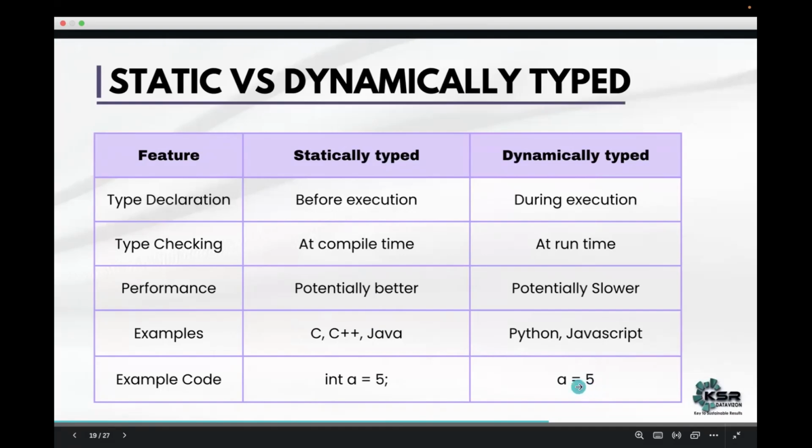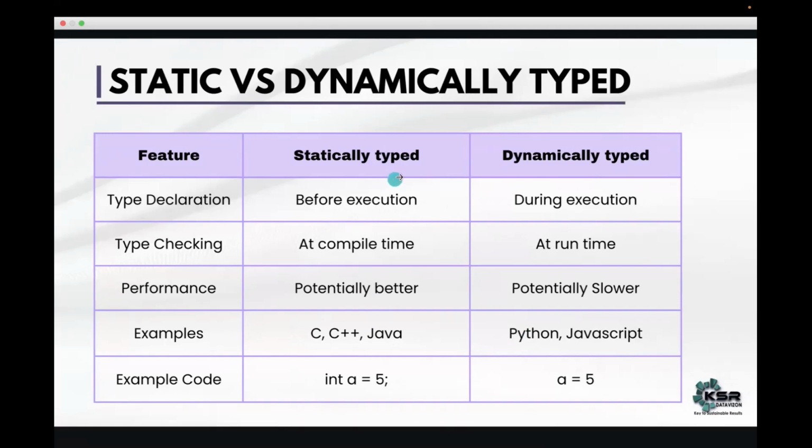Compiler or interpreter, whatever it is. So in statically typed languages, you have to do the type declaration before execution. But in dynamically typed languages, it happens during execution. So during execution, it will see you have put 5 into that variable, that means it's an integer. If you have put 0.1, that means it's a float, like that.